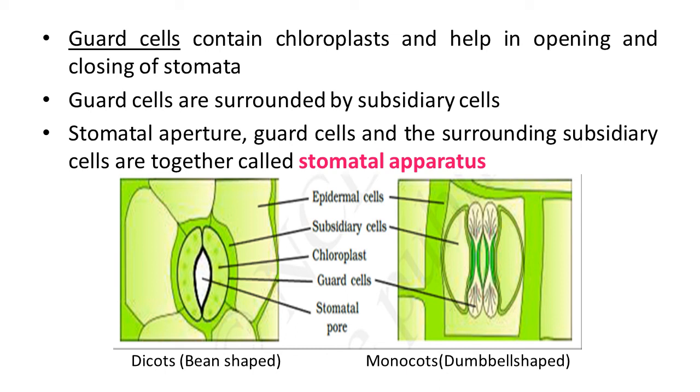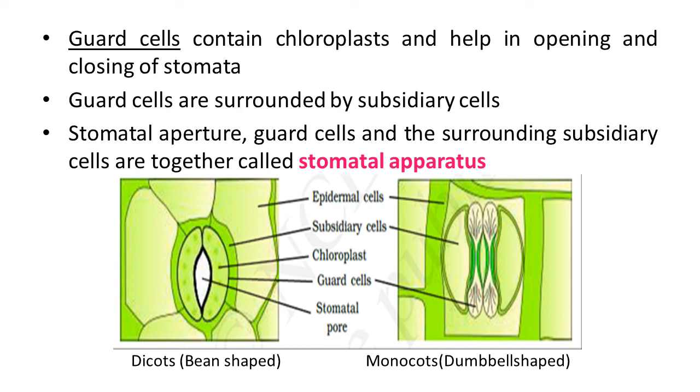In the structure of both monocot and dicot stomata, this similarity is observed, but the shape is bean shape in dicot, whereas in monocot it is dumbbell shape. Again it is surrounded by two subsidiary cells. Clearly we can observe this in the diagram also.